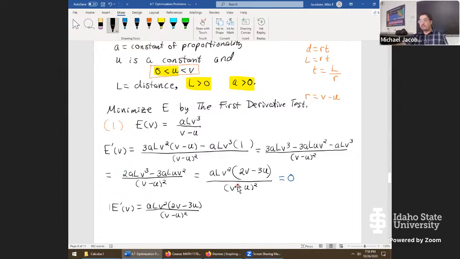Okay, so nothing from the denominator. We're setting the numerator equal to 0. So it's going to be ALV squared equals 0 or 2V minus 3U equals 0. This is another thing that's challenging about this problem. The moment I write this equation, I need to know what I'm solving for.